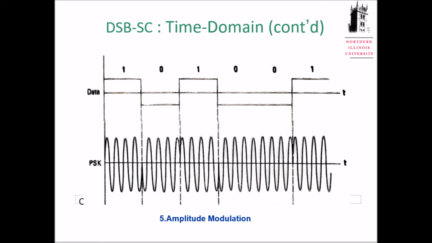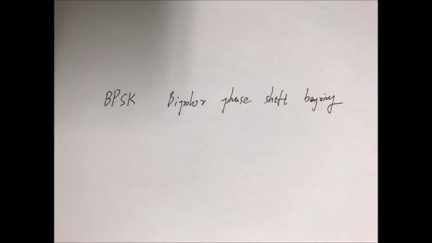For bit 0, which is minus 1, the phase starts from here, so we have a 180-degree phase shift. We also call this DSB-SC binary, or bipolar, PSK.